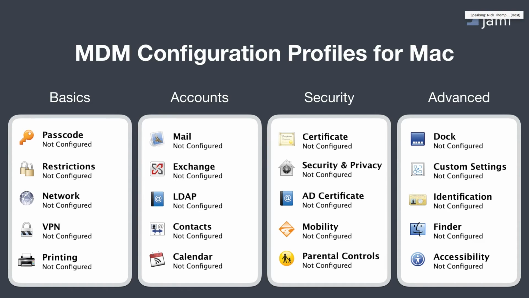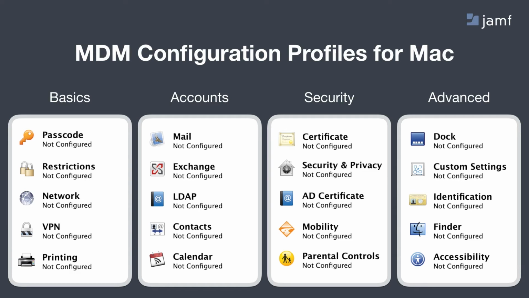You've got a VPN payload so that you can configure VPN settings directly for your users. You can set up printers. You've got all different things related to various accounts that you might want your users to have on their Mac, such as a mail account or an LDAP account. Or if you happen to use Microsoft Exchange, you can configure that for your users as well, too.